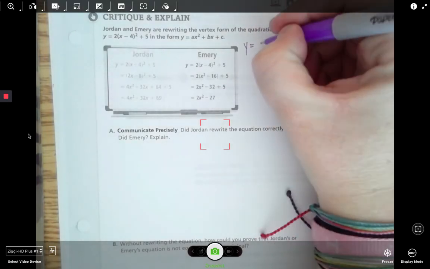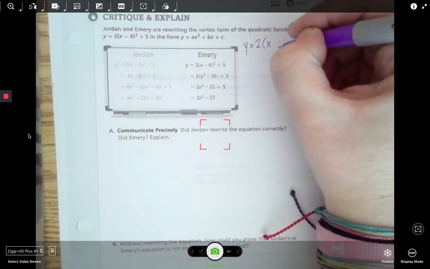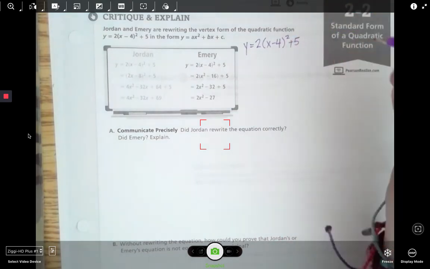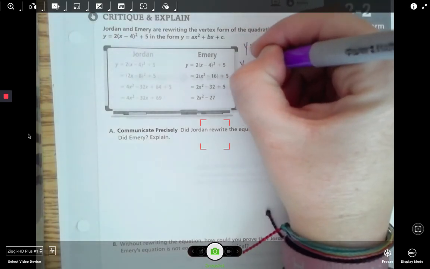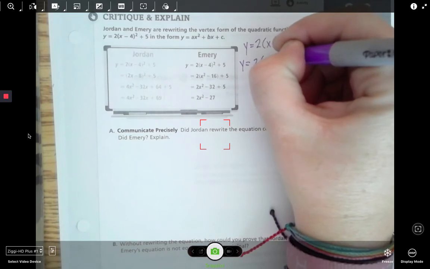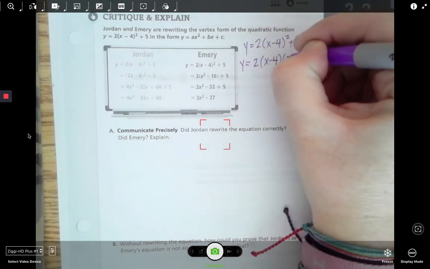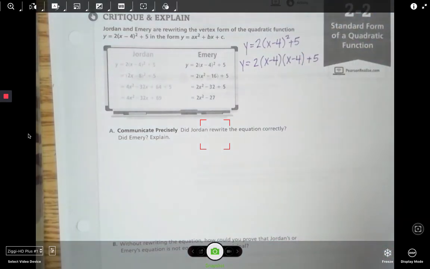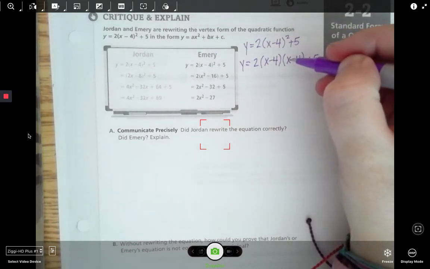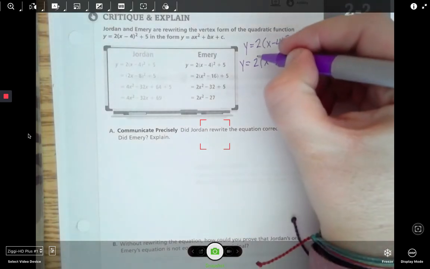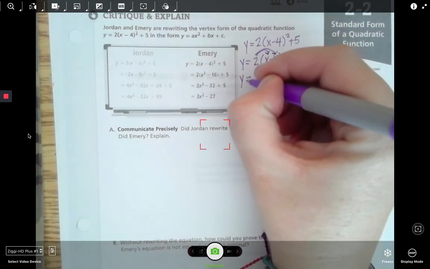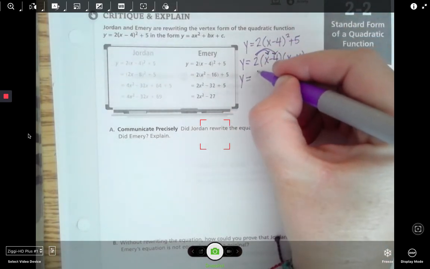So we've got 2 times x minus 4 squared plus 5. We said if it's squared, that means it is multiplied 2 times, right? And yesterday we FOILed the binomials, but first I'm going to distribute the 2. You could multiply the 2 binomials together first if you'd like.